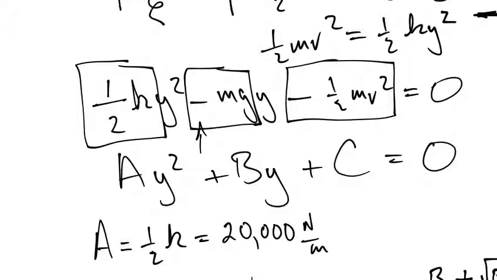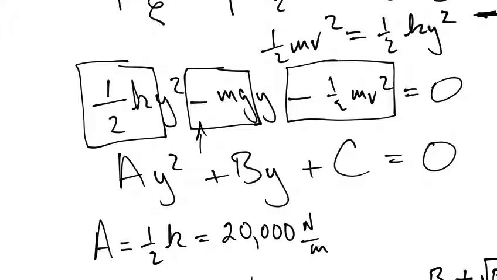20,000. And for B, 7,350. And oops, that was negative. 7,350 negative. And 183,154.